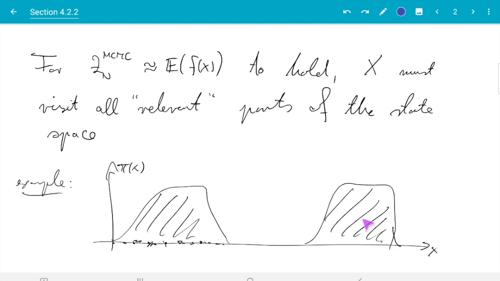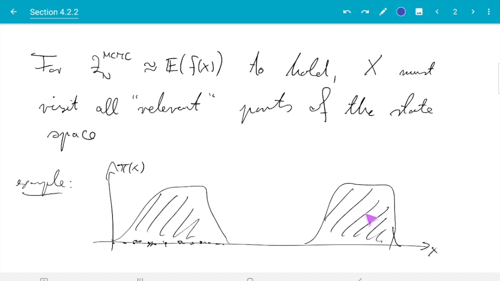We must be sure xj, the Markov chain, can reach all parts of the state space where x has mass. If there are different modes, it must be able to cross between the modes, and if x is spread out, then the Markov chain must be able to go everywhere. That means we must have proposals which allow it to reach everywhere.